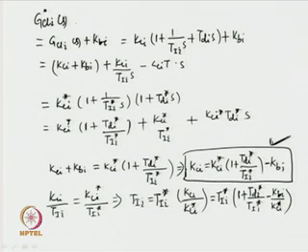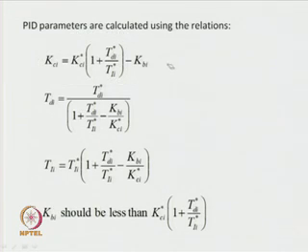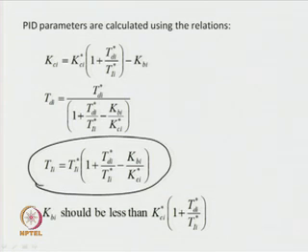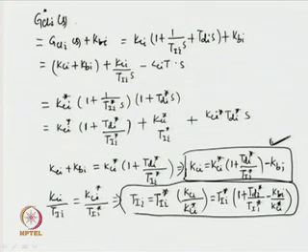This is what we have got earlier also. If you look closely, Tii is equal to Tii star times 1 plus Tdi star upon Tii star minus Kbi upon Kci star, and we have obtained exactly the same relation from the analysis.